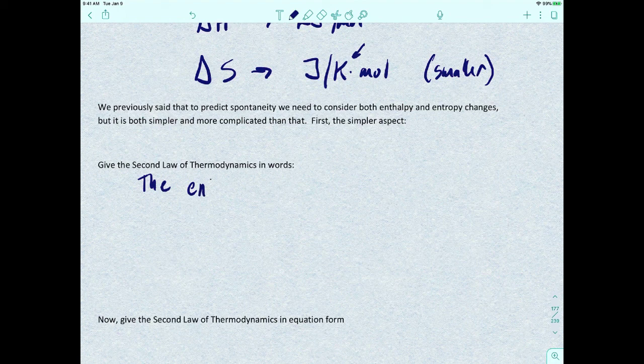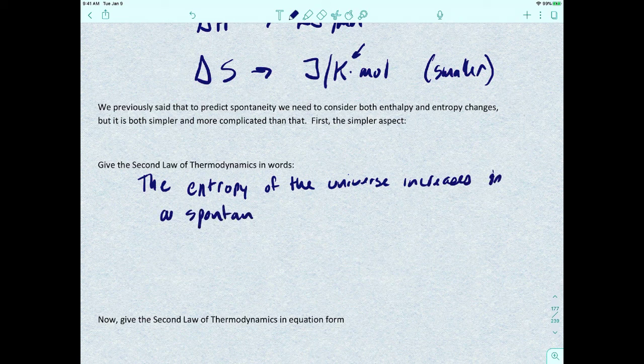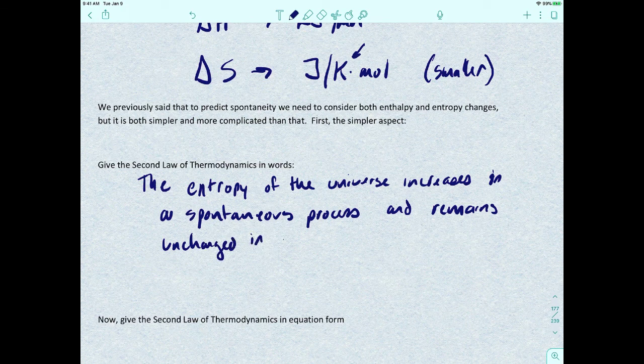So the entropy of the universe increases in a spontaneous process and remains unchanged in an equilibrium process.